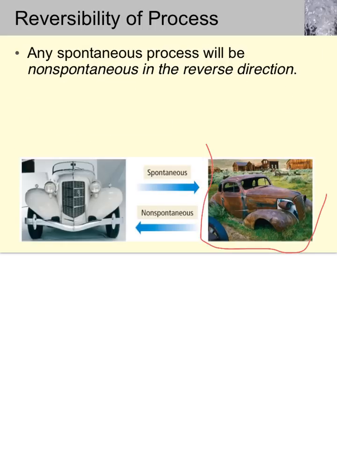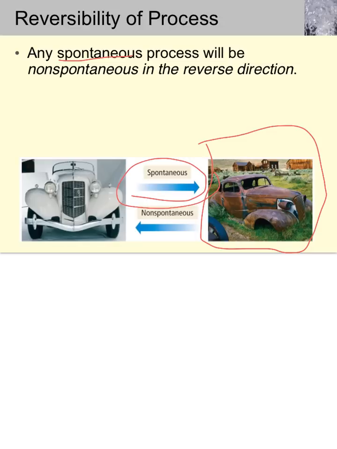The process of rusting is a spontaneous process. It occurs without any outside intervention under the conditions of being outside and the weather and rain. That's normal conditions. But it occurs very, very slowly over a period of years. So that's just to emphasize to you that spontaneity has nothing to do with speed of a process.